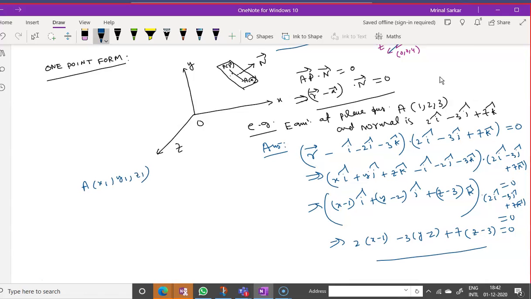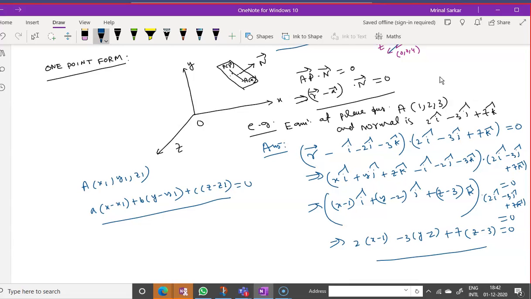Then we can write the equation of the plane in this form: a into x minus x1, plus b into y minus y1, plus c into z minus z1 equal to 0. Just put the value, and normally you take the normal along ai plus bj plus ck, then you will get this equation. So this is the one point formula.